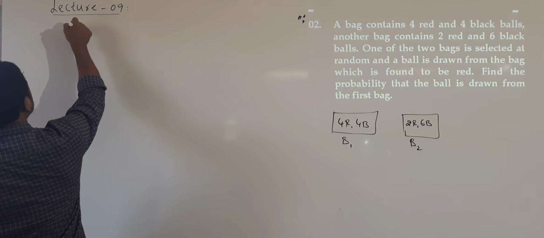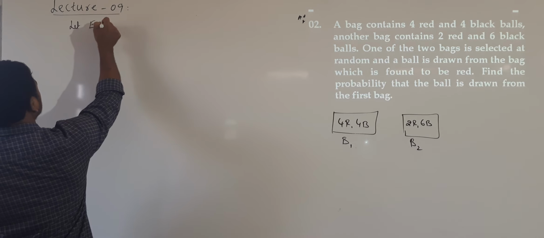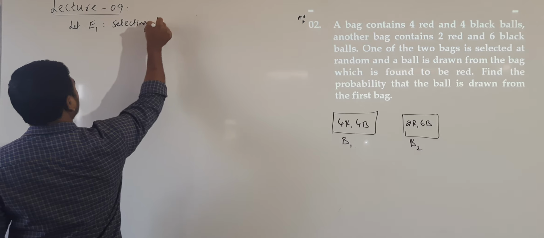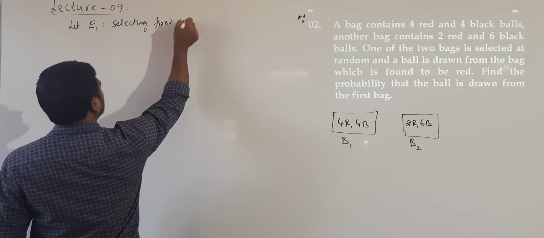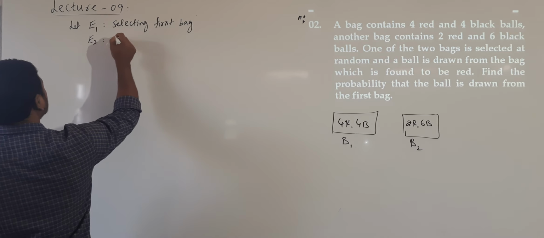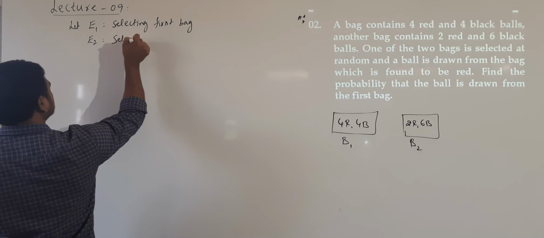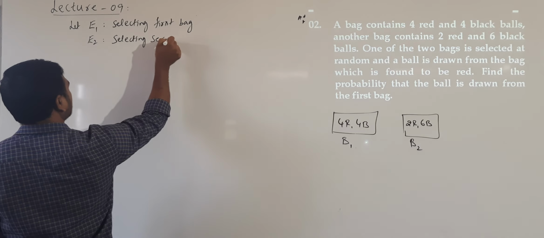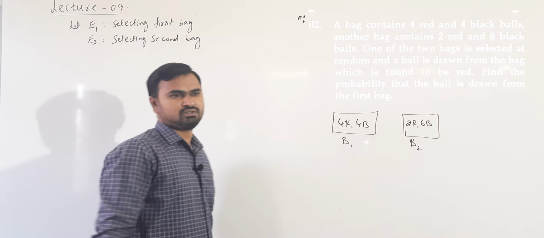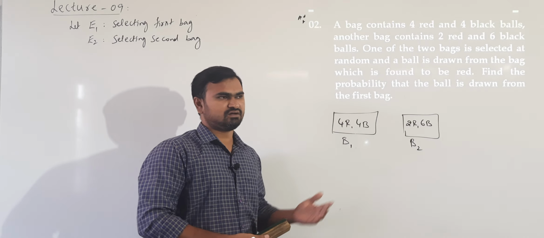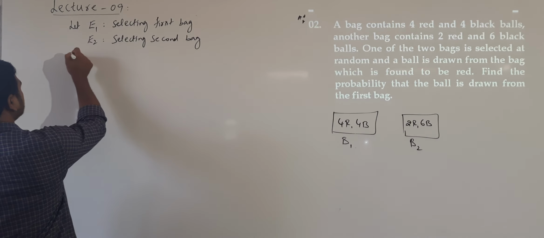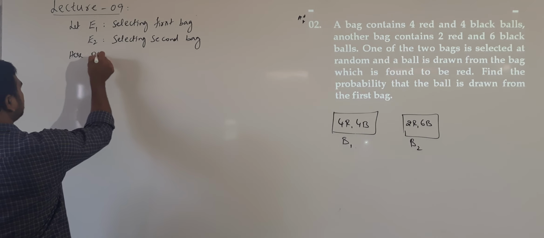Let E1 be the event of selecting the first bag, and E2 the event of selecting the second bag. So these are the 2 events. In these 2 events we can have the red ball, that is the common event. What is the probability of E1?